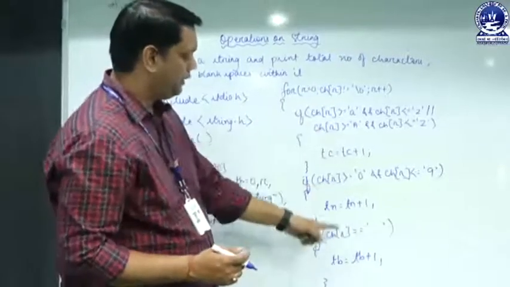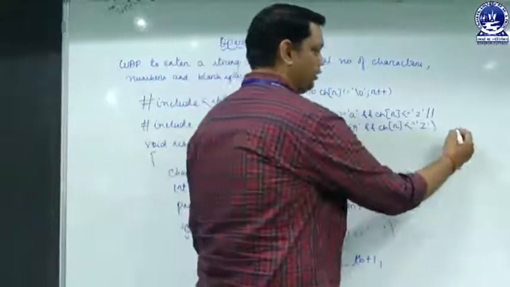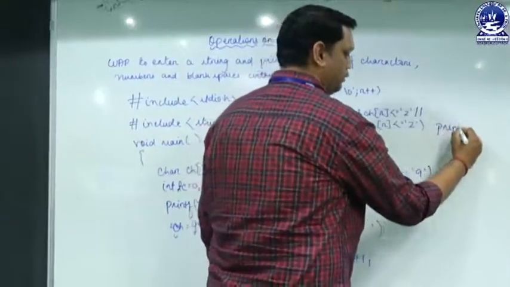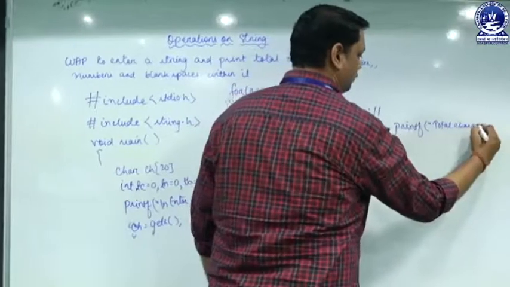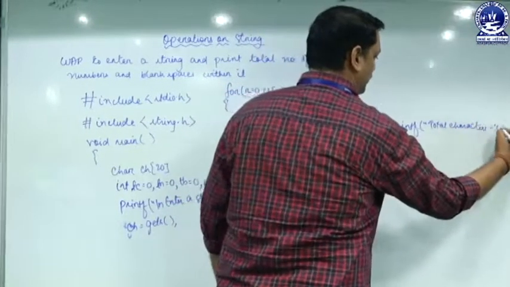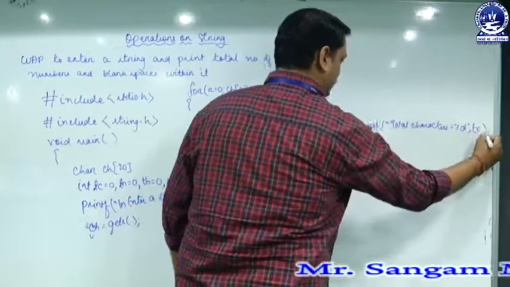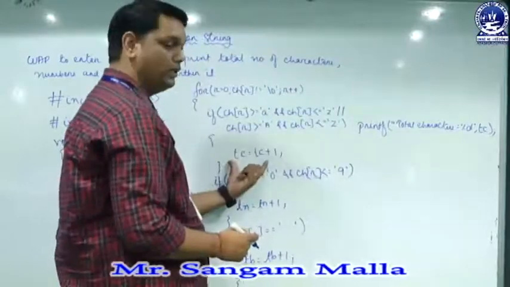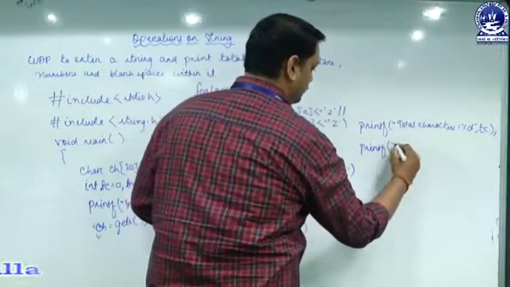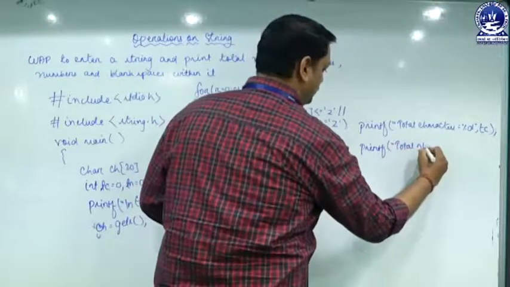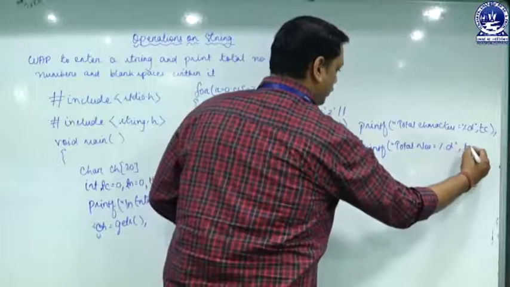Now we have to print the value of each variable. So in order to print it, I have to write printf total characters equal to %d, TC. That means the total number of characters has been stored in TC. Similarly, printf total numbers equal to %d, Tn.